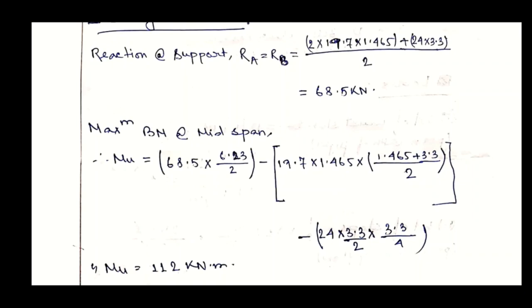Okay, so Mu is equals to 112 kilonewton meter. So this is the moment. So we have to resist that moment and design this staircase.